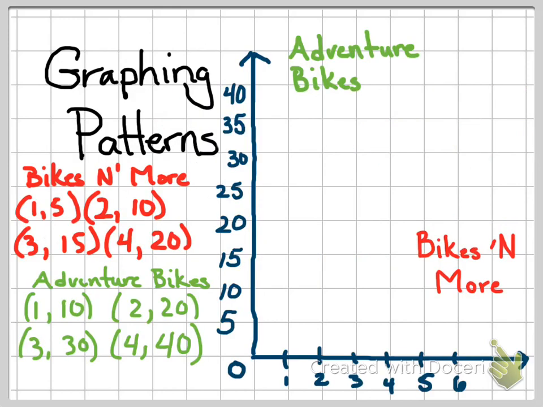Okay, so now I have my graph, and I'm ready to start plotting the points on the coordinate plane. One thing that is good for us to know about our graphs is that if I look at my x-axis here, I have it numbered 1, 2, 3, 4, 5, 6, representing the number of hours that we'll be renting the bikes for.